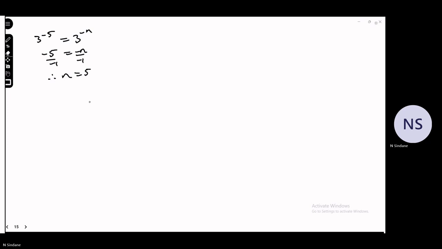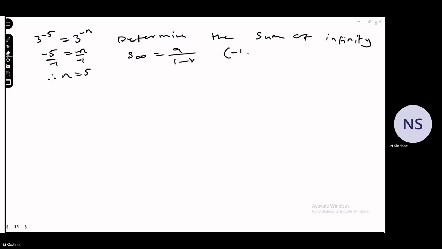The second question: determine the sum of infinity. The formula that we can use is this, but we can use it only on one condition, when the value of r is in between negative 1 and 1. We already know the value of r, which is 1 over 3, which is 0.3333 recurring.